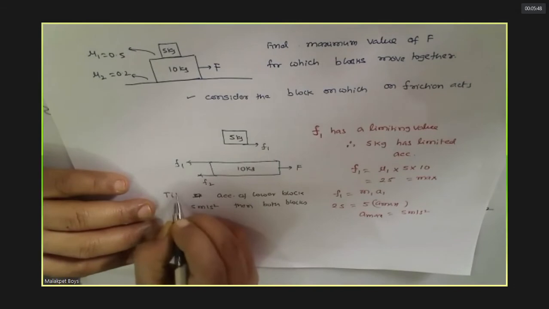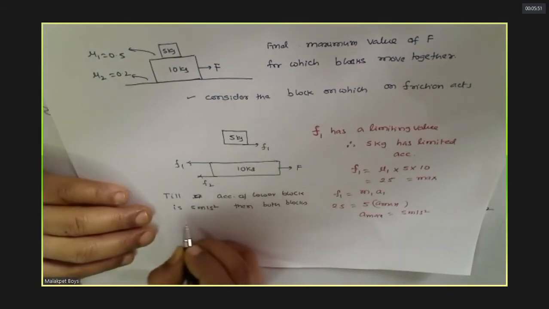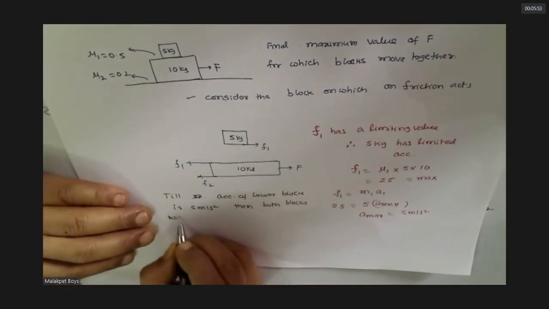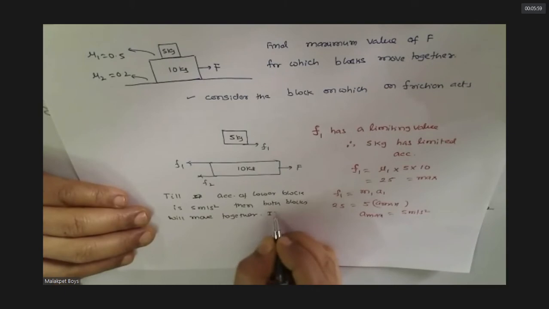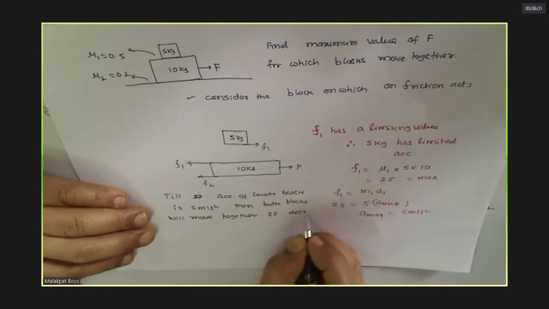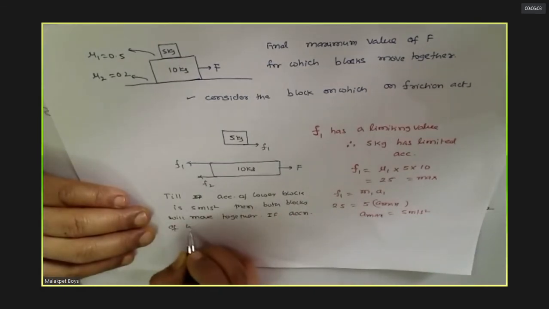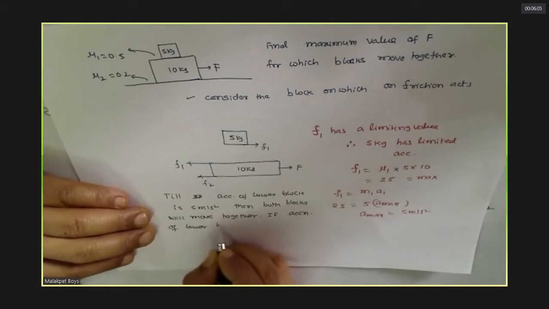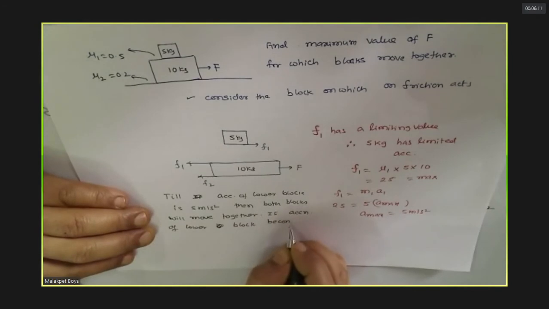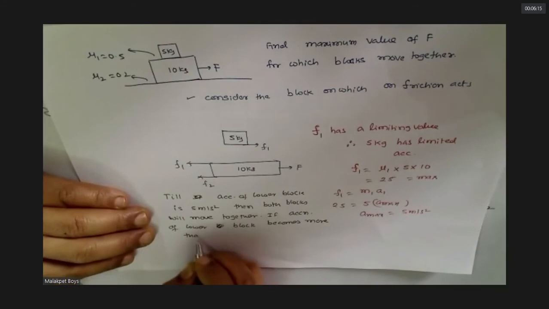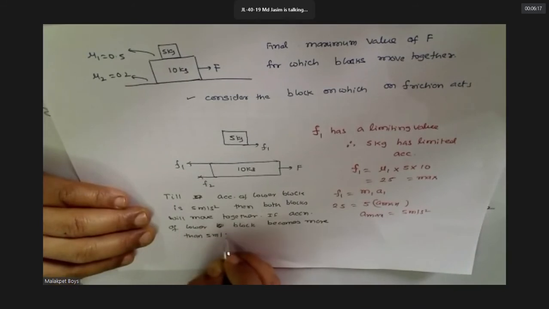Both blocks move together. If the acceleration of the lower block becomes more than this, what will happen? They will slip away.